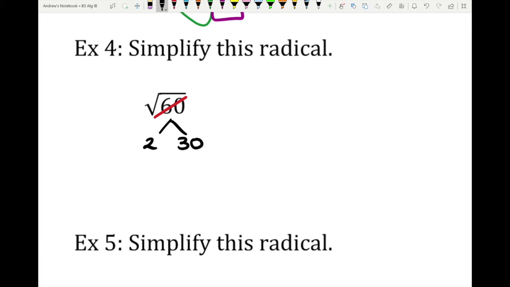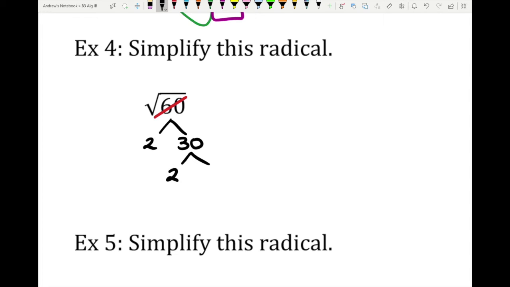So over on the 2 side, I'm thinking about things that multiply to give me 2. Well, I could do 1 times 2, but again, we fall into that loop. So 2 is something that we can stop at, just like the 3's were on the last one. So the 2 is all set. For the 30, I can keep on going.